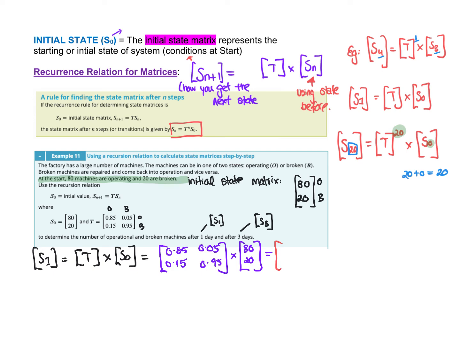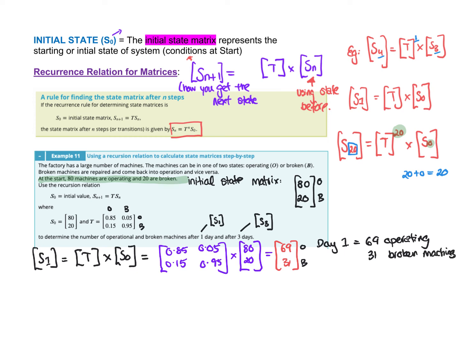When you do this on the calculator, you get 69 and 31. So this was operating, this is broken. On day one, there are 69 operating machines and 31 broken machines.